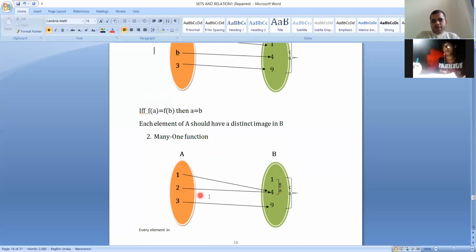This is called many-one. It means many elements of set A are related to one element of set B. So this is called a many-one function. When two or more elements of set A have the same image in set B, then they are called many-one.